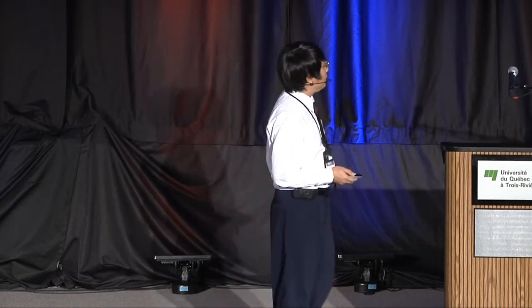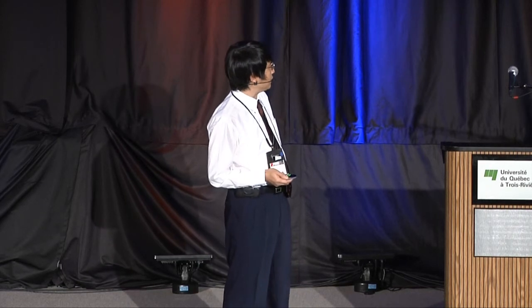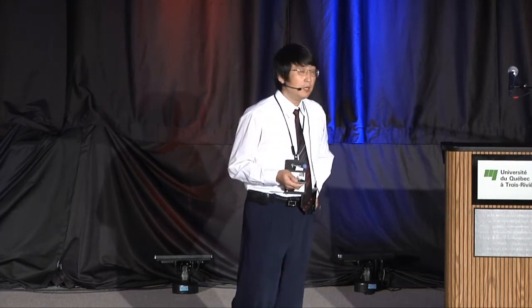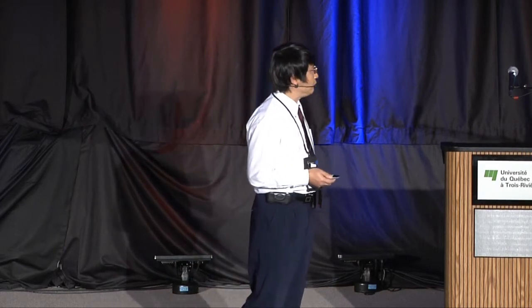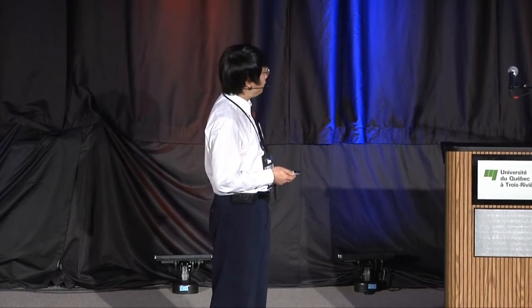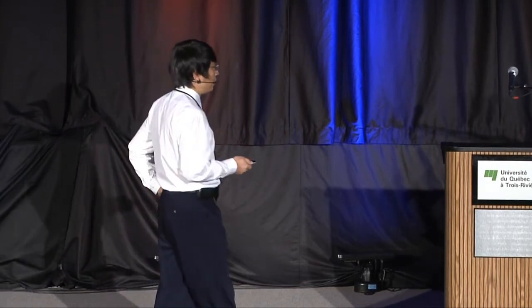This is a layer 3 network. On the same network, if you configure the IP address on the port as normal, the network will automatically form the layer 3 network for you. And on one physical network, we can support IPv4 and IPv6 at the same time. Also, if your port is already configured as layer 2, you can also connect to the layer 3 network.